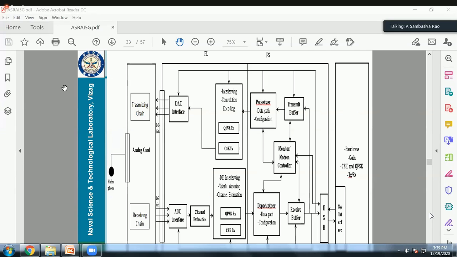These are the modules: interleaving, controller, encoding, QPSK TX, QPSK RX. These are the sub modules. For underwater communication, what I am thinking is that biomimicry based underwater communication signals we have to use, because otherwise there are the usual modems or OFDM modems.